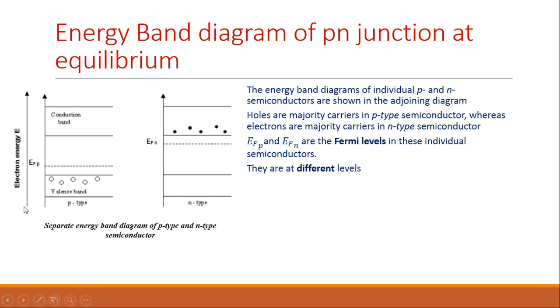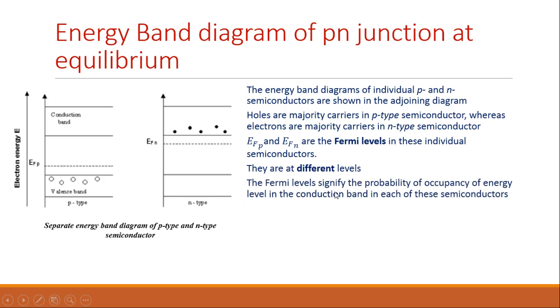On the left side of the diagram, I have shown the arrow which shows you the increasing electron energy. So, when you compare the energy levels EFP and EFN with this axis, you can see EFP is at a lower energy level, EFN is at a higher energy level.